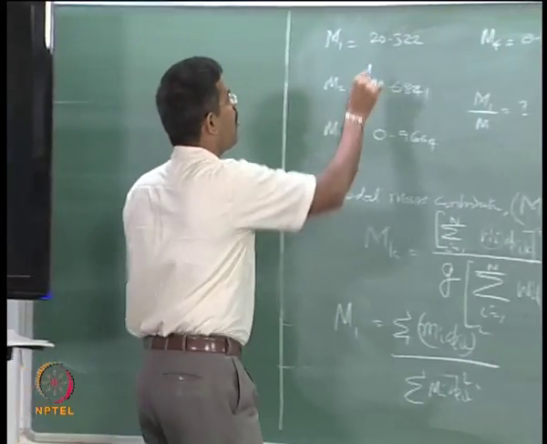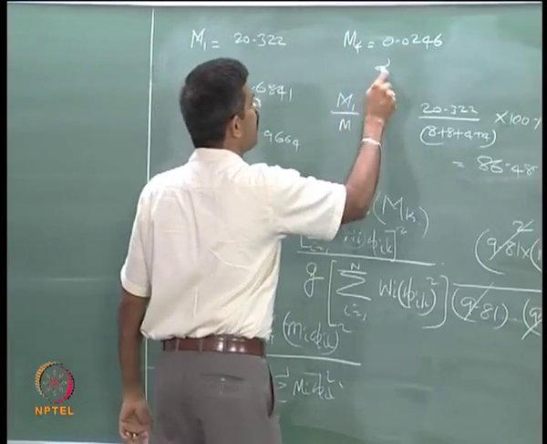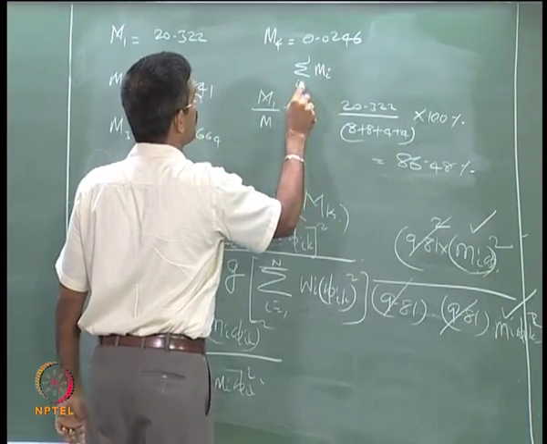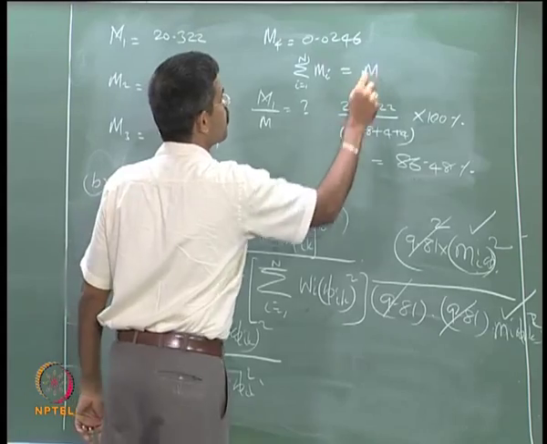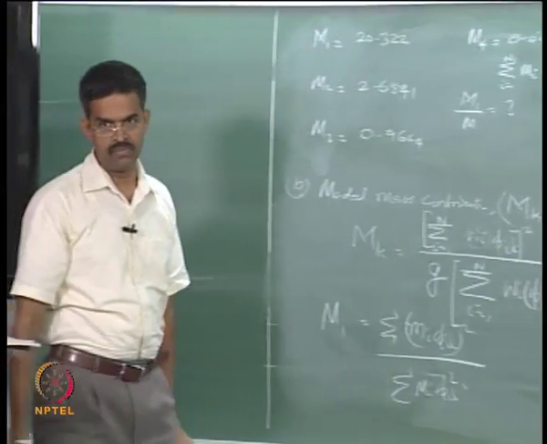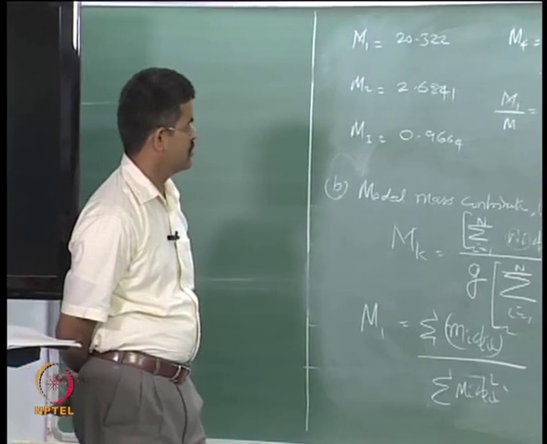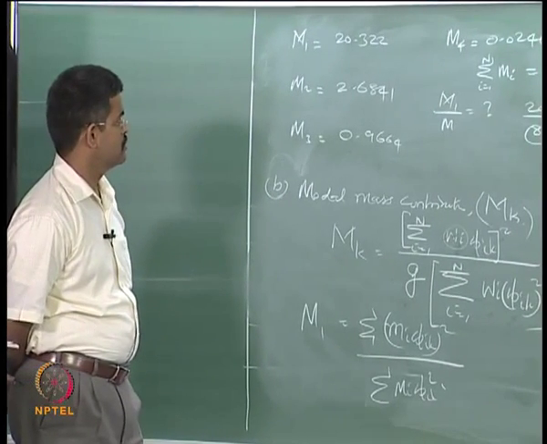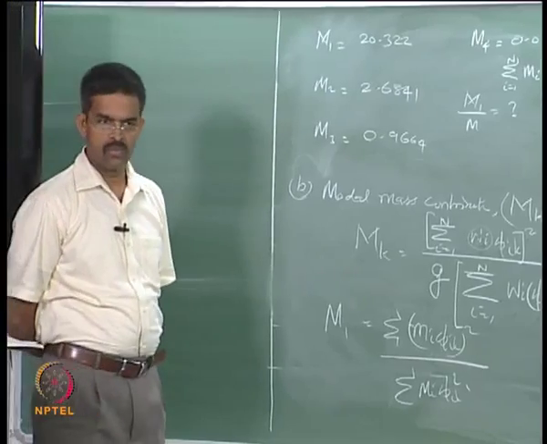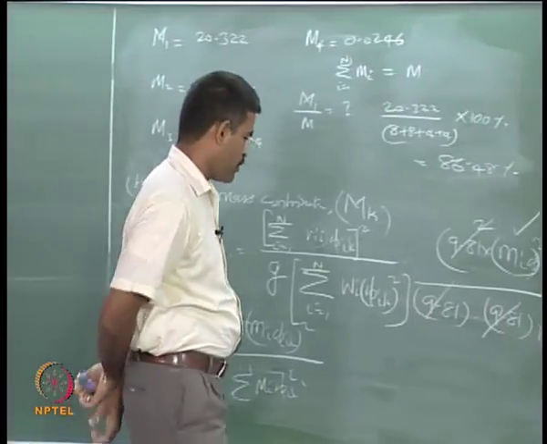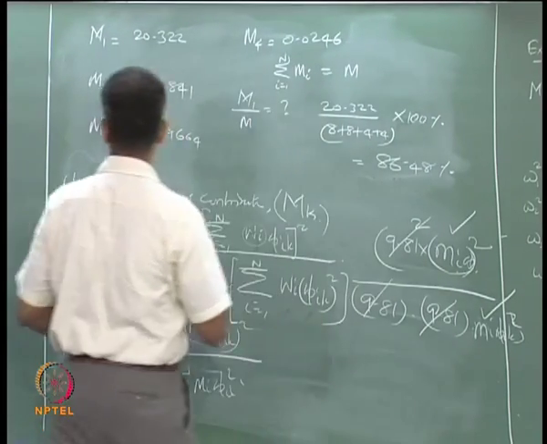Of course, the sum of Mi, i from 1 to n, should become the total M. You can check that. It should become 24 if you do not have any calculational error.